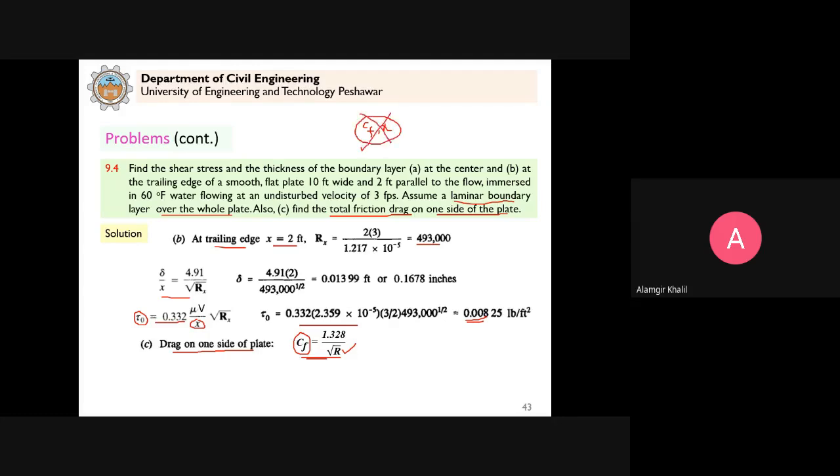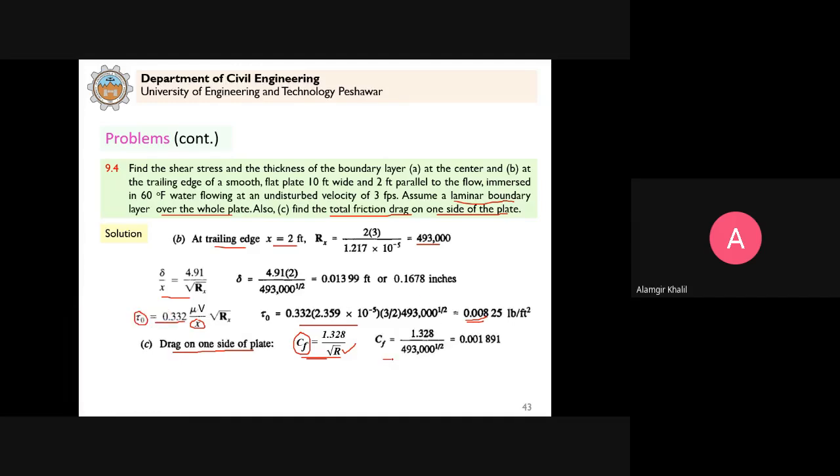It is not that one. So that is at any distance x, then you will use Rx. When you see CF and only R, it means it is for the entire length of the body. So remember this when you solve the problems.